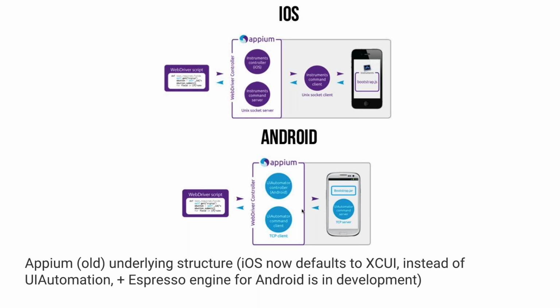It wasn't an actual server which could perform complex commands similar to Android. With XUI test, this part is no longer true. What happens is that Appium communicates directly with the device through WebDriver agent, which is a project we'll also give a brief overview of.